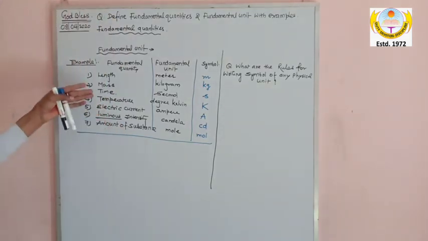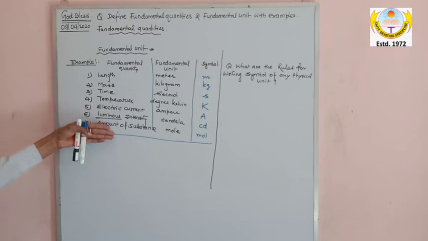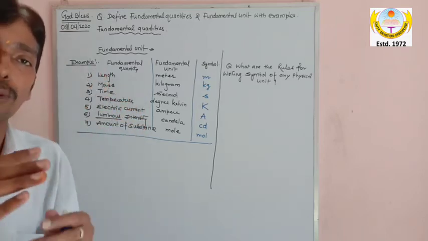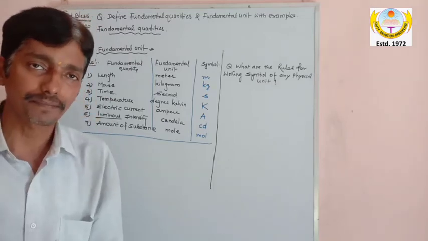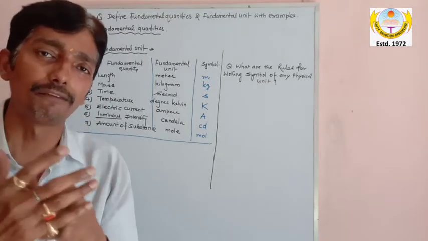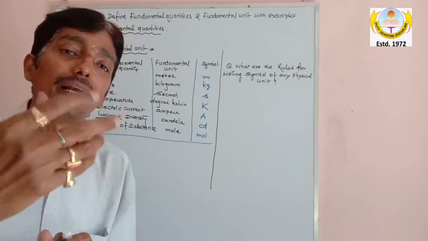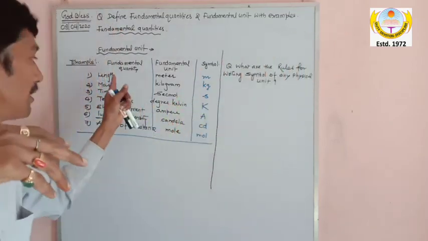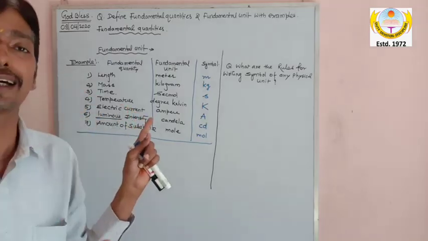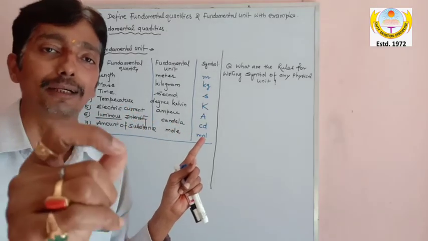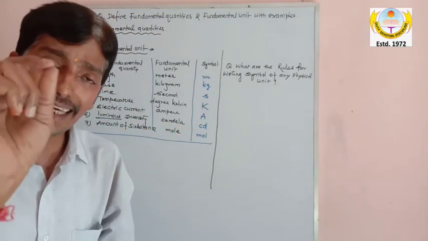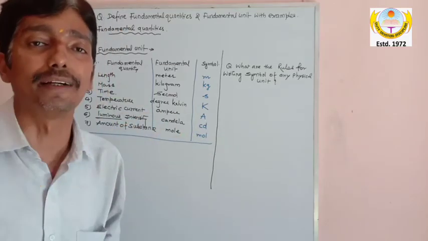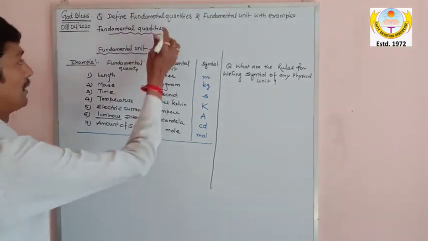My dear, these all 7 fundamental quantities are independent of any other physical quantity. There are so many physical quantities I told you, but these don't depend upon any other physical quantity for their measurement. And therefore they are called base quantities. They are called fundamental quantities. So what are fundamental quantities?